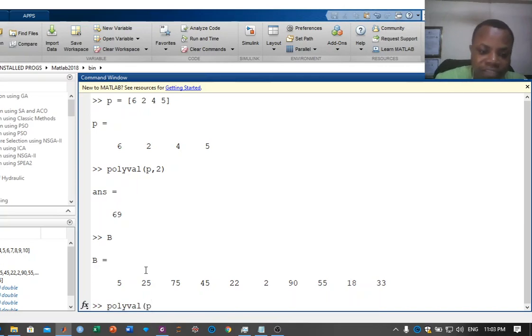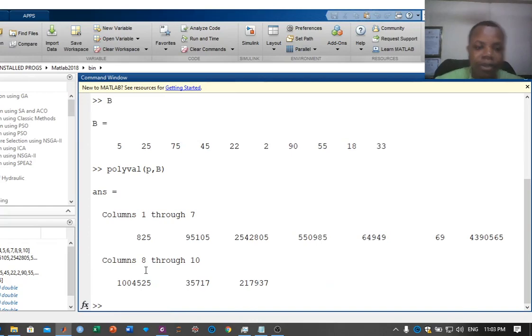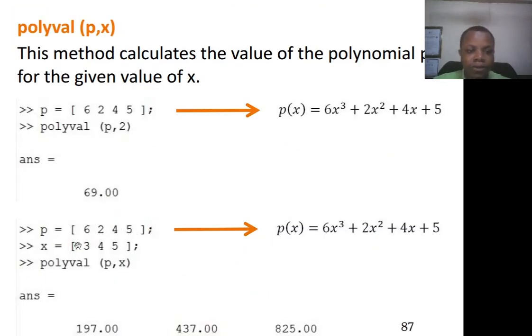Then we specify p, then we specify the vector b. So it is just going to estimate the functional evaluation of these entries one at a time, and that is exactly what we have down here.